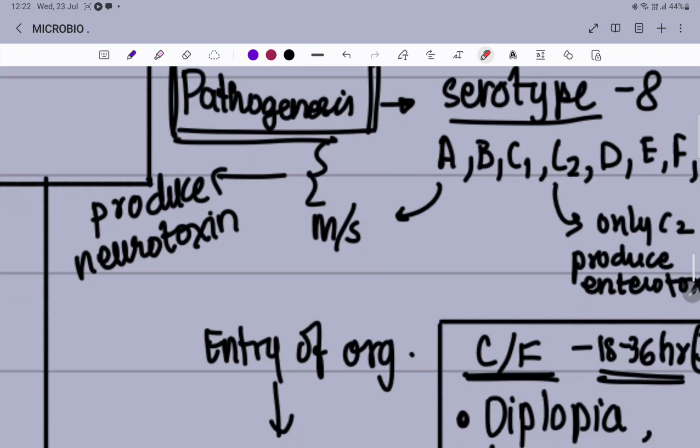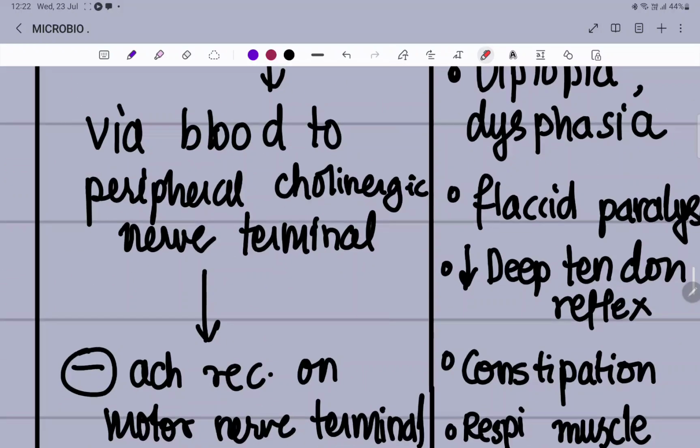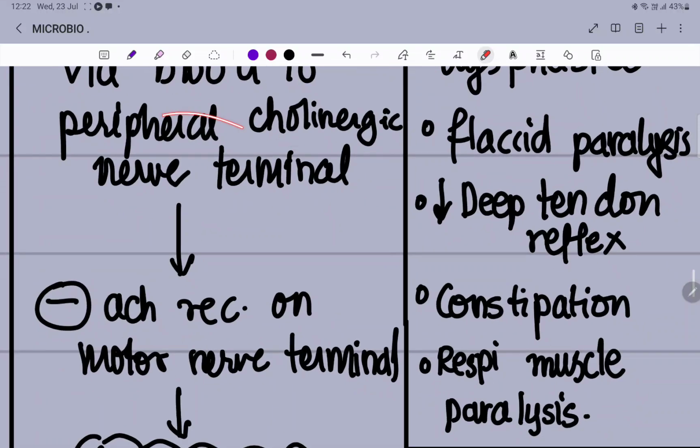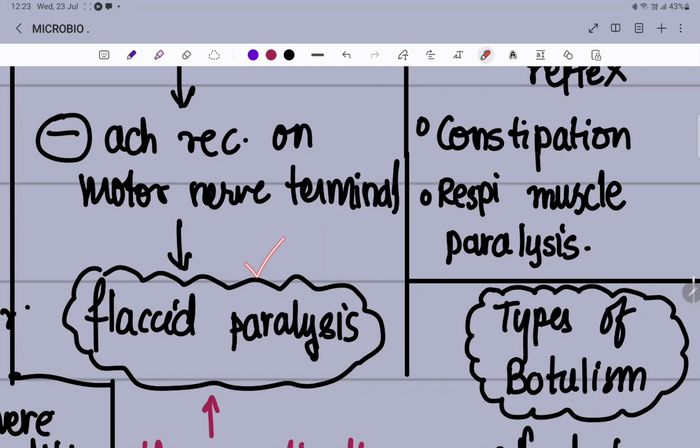Now let us talk about the pathogenesis. First, there will be entry of the organism via the blood. It will spread to the peripheral cholinergic nerve terminals. Their work is to produce acetylcholine, but the toxin will inhibit acetylcholine release at the motor nerve terminal, and therefore it will cause flaccid paralysis.